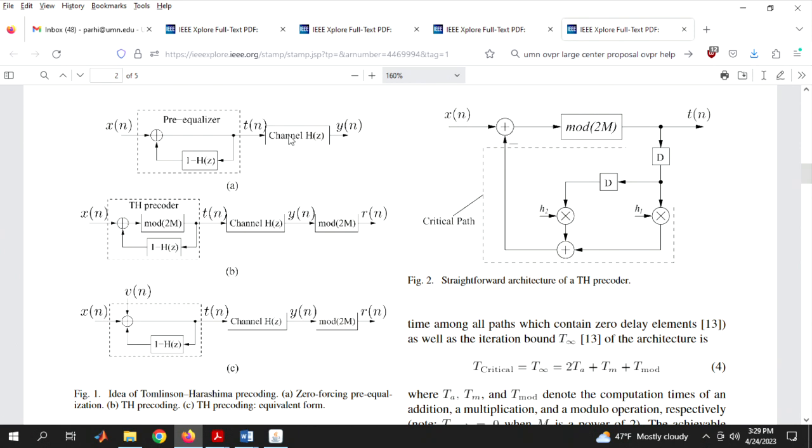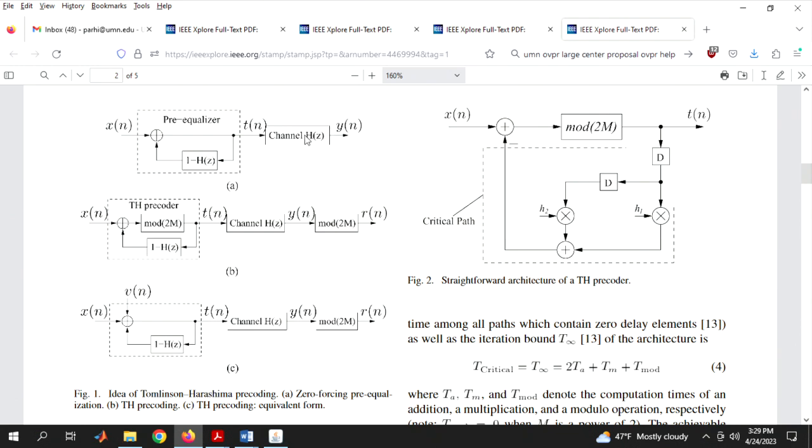If you assume the unit sample response of the channel H, all we are trying to do at the receiver is mimic an equalizer that achieves the transfer function 1 over H so that it cancels out the effect of H, and that's all we are trying to do.